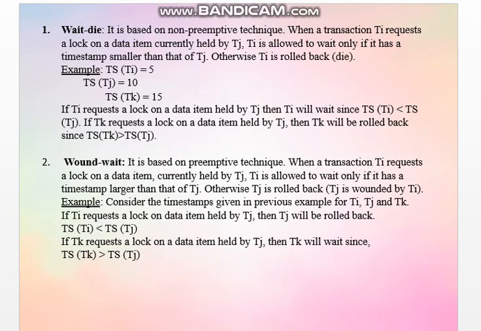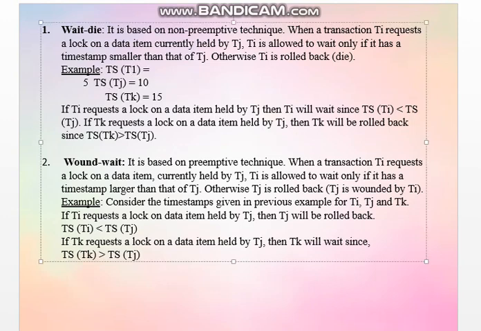For example, let's consider three transactions: T1, T2 and T3. Transaction T1 has a timestamp of 5, transaction T2 has a timestamp of 10, and the timestamp of transaction T3 is 15.